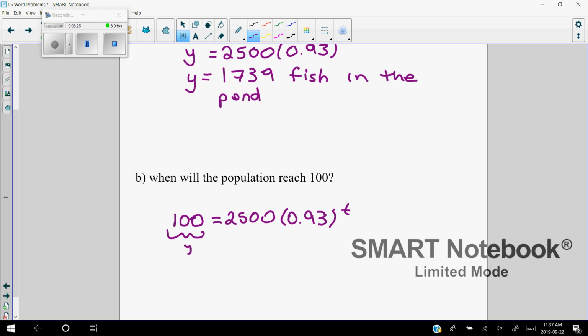So I put this in for y1, this in for y2, and I find the intersection. When I find the intersection, I find it to be 44.35. So that means it'll take 44.4 years in order for the population to be down to 100 fish.